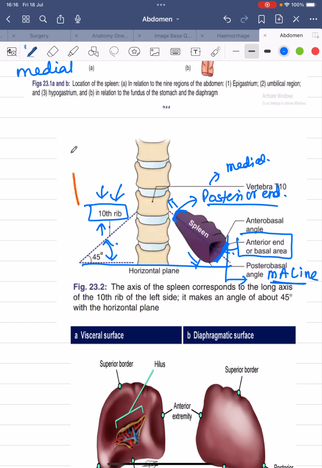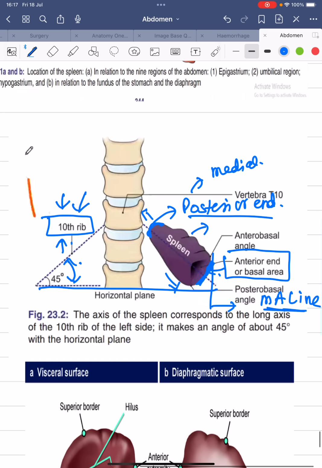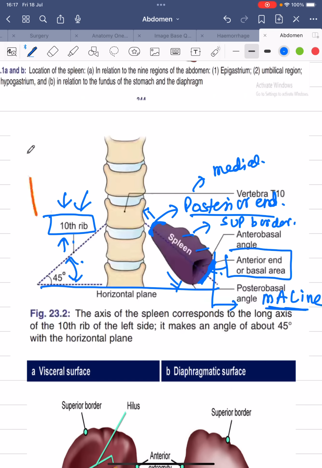Now it has some borders also. What are the borders? See here, this is the superior border. The superior border is notched, so these are the notches. This is the inferior border, and this one here is the intermediate border.